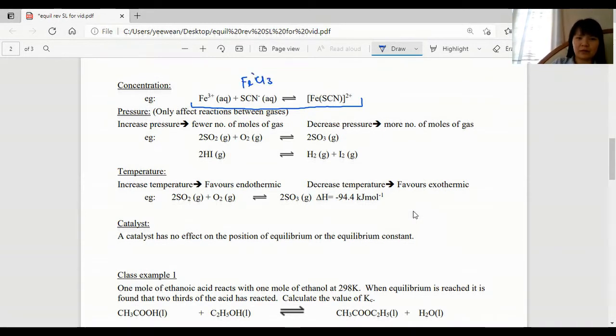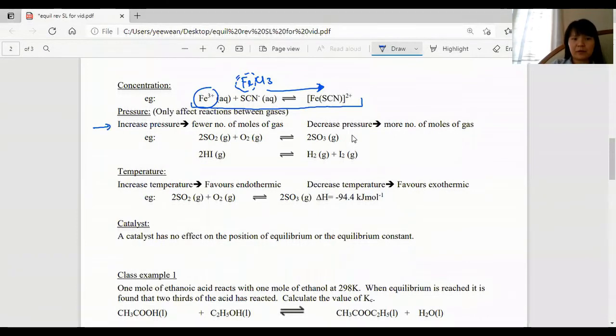Isn't that Fe3+? If I were to disturb the equilibrium, so there's too much Fe3+, the reaction will try to oppose that change by shifting to the right. What do I mean by shift to the right? It means that Fe3+ and SCN- will join so that it will form more FeSCN2+. So that's what I meant by shifting to the right.